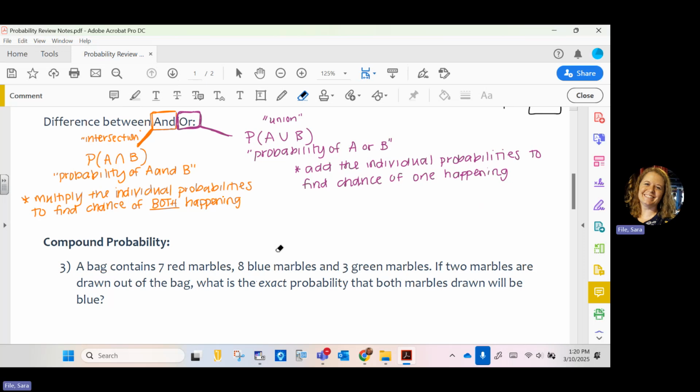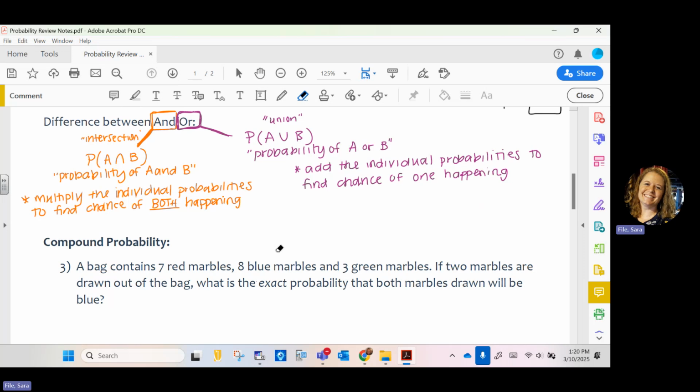So in this compound probability example, it says a bag contains 7 red marbles, 8 blue marbles, and 3 green marbles. If 2 marbles are drawn out of the bag, what is the exact probability that both marbles drawn will be blue? Okay, so this is going to be 2 separate events. We're going to draw a marble and then draw a second marble. So we have to calculate the probability of each of those separately.